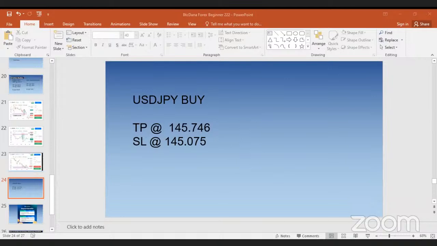Let me share you a screenshot of my profit before my screen comes up again. When my screen comes up, we're going to be looking at the trade from the screen, okay? But for now, please just bear with me, guys.